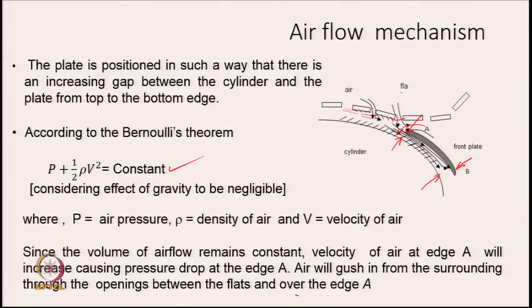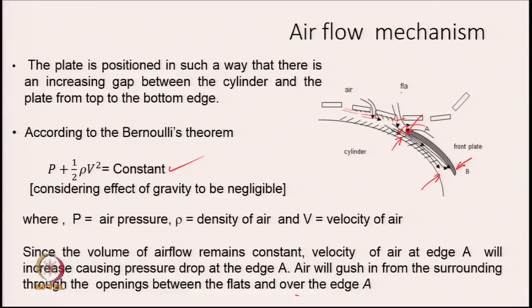Now, all these breach fibers will be pushed downwards because of the incoming air current. As soon as they are pushed downwards, they will be caught by the wire points of the cylinder and therefore, they will be physically entrapped by the cylinder wire points and hence they will move forward along with the cylinder.